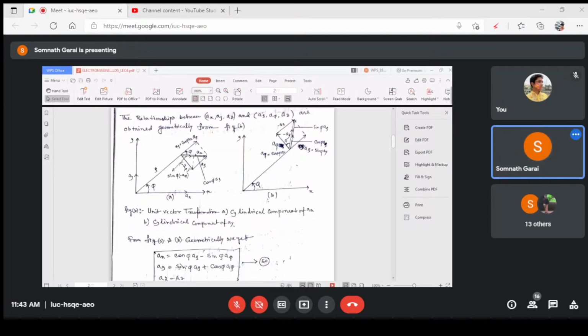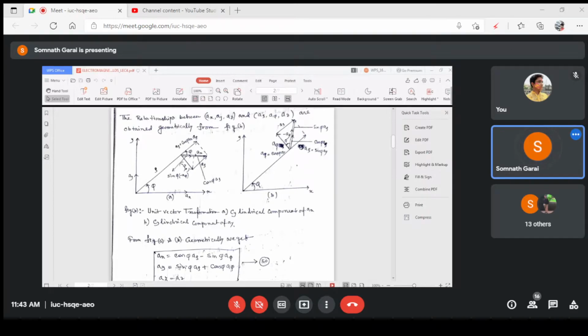You have to have very good knowledge of vector analysis, otherwise you cannot grip the electromagnetic field. It is the toughest paper in your BTech life, mind it. So you have to study very carefully and step by step.